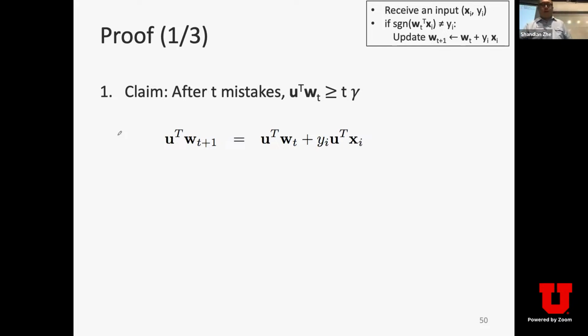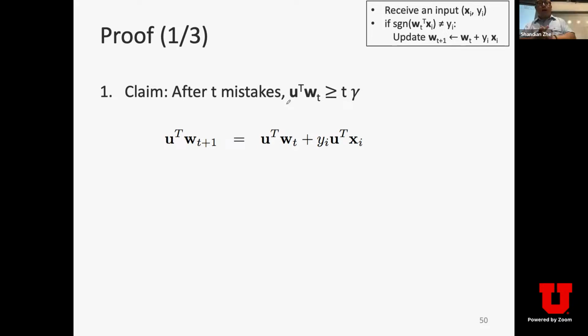In the first step, we're going to show an inequality: after t mistakes, or t updates, we always have u transpose wt is no less than t times gamma. Basically, wt means our current weight vector after t updates.